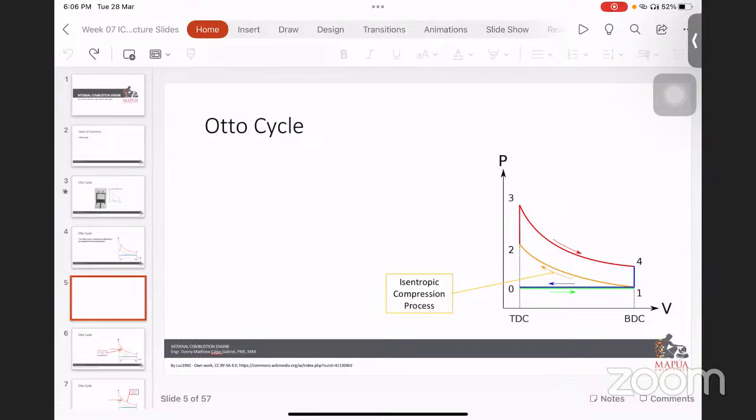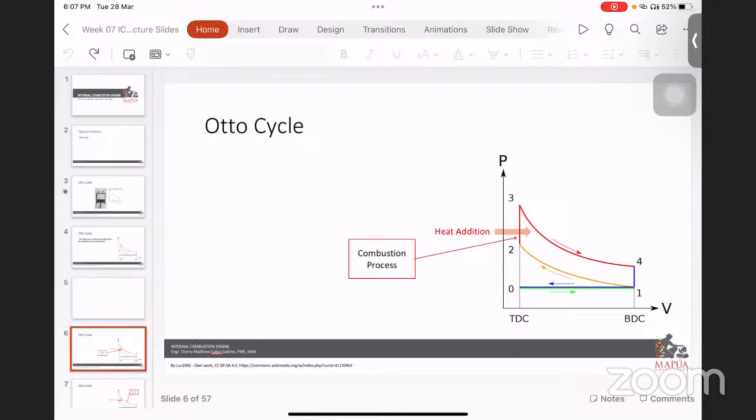And the air and fuel mixture are going inside the combustion chamber. So that's process 1, the intake of the air and fuel mixture. Process 2 is the compression of that air and fuel mixture. So the process from point 1 to point 2 is called the isentropic compression.